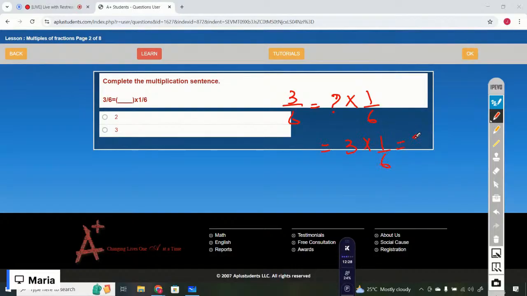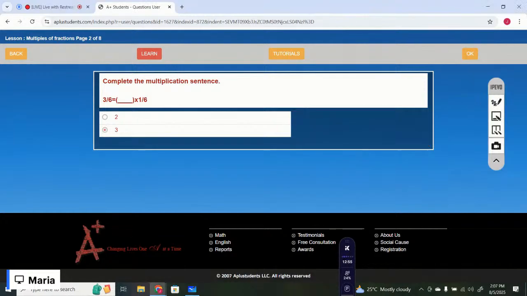So 3 times 1 by 6 is 3 over 6. The missing number is 3. Option number 2 is the correct option.